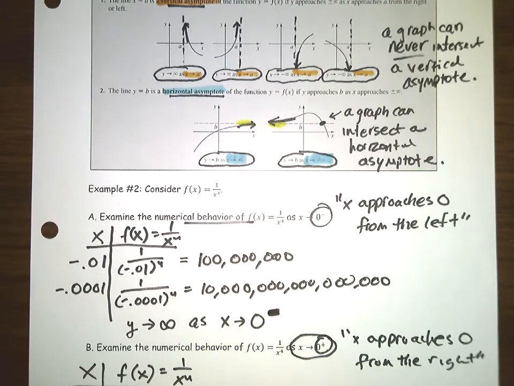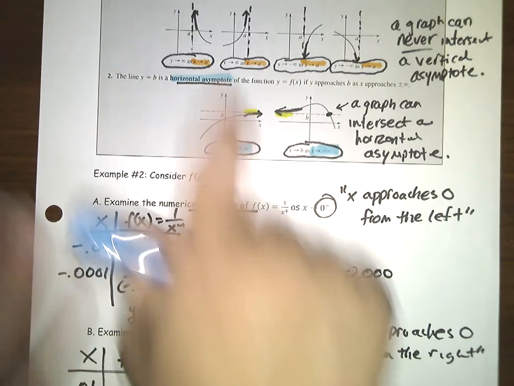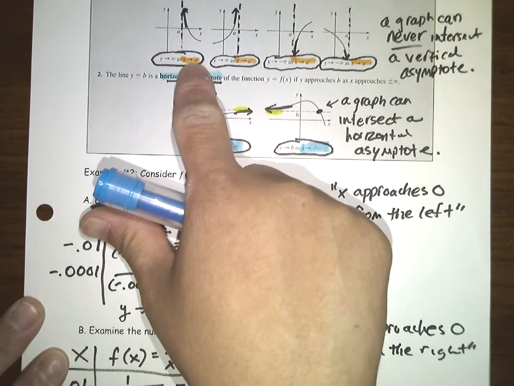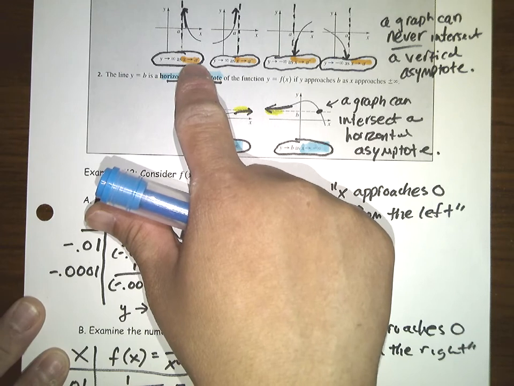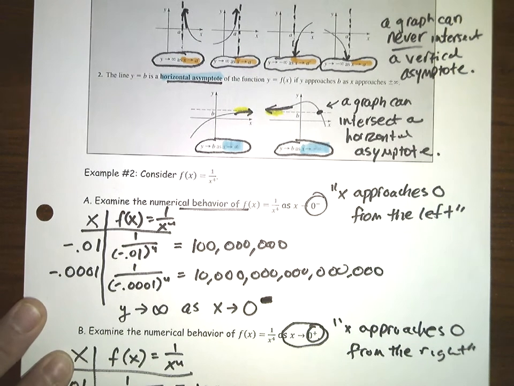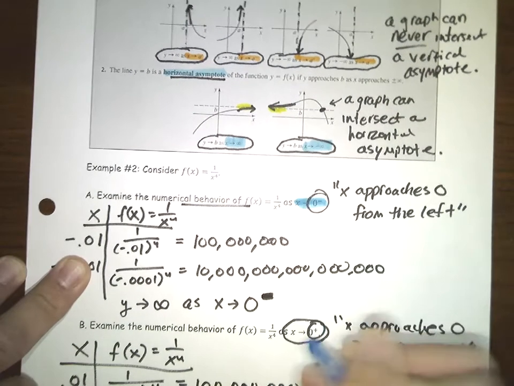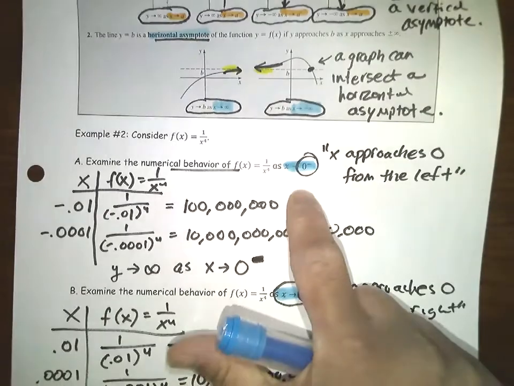That's one thing I do want you to remember: you want to make sure that you know whether what you're finding relates to a vertical asymptote or a horizontal asymptote.